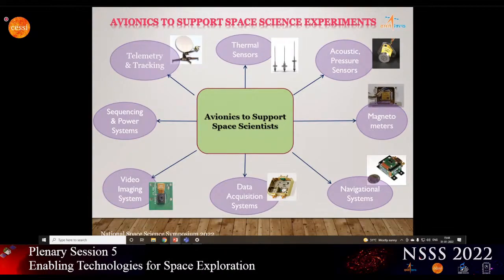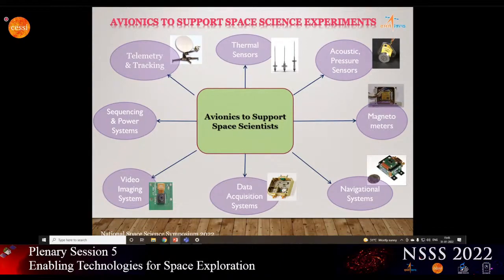Another critical part is the sequencing and power system. We have a very reliable power system in the form of lithium-ion batteries, supercapacitors and hybrid capacitors with different capacities: 1 Ah, 0.5 Ah, even 5 Ah, 50 Ah. This all depends upon the user requirement, and we can support their avionics well.